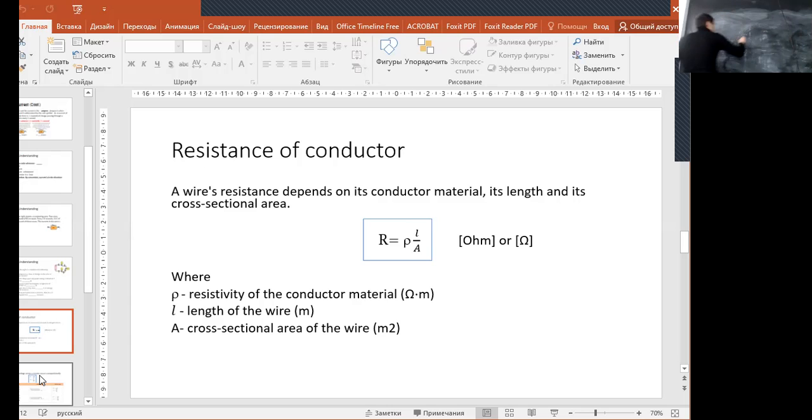If we have a conductor, as I told you before, the charge is going to move in this direction. In a conductor there is a resistance.